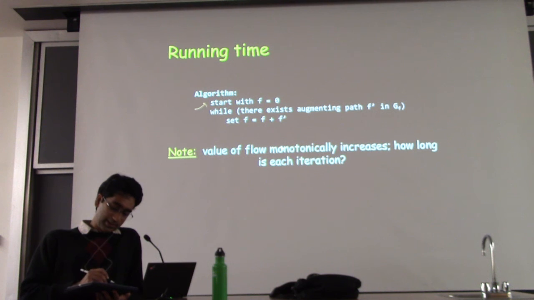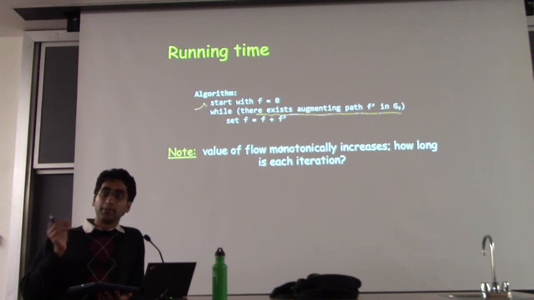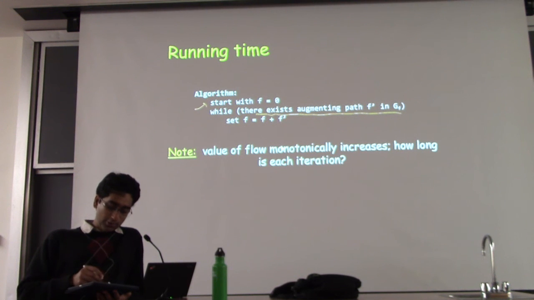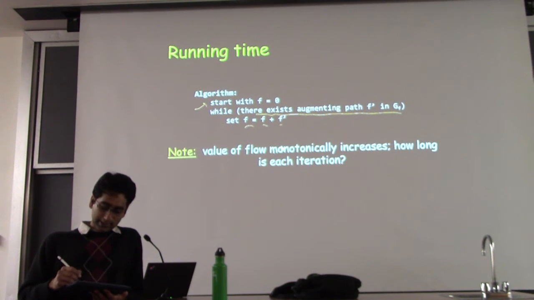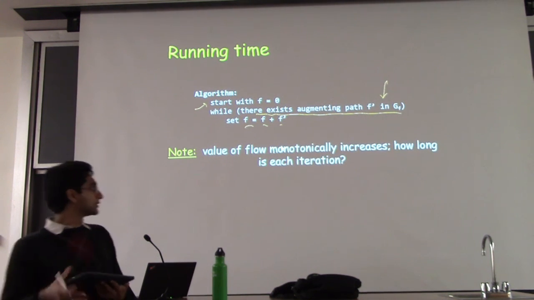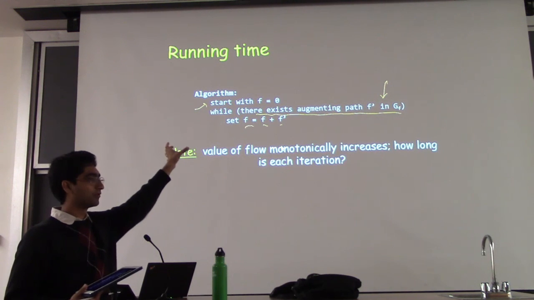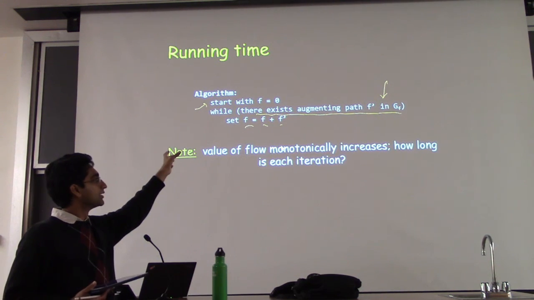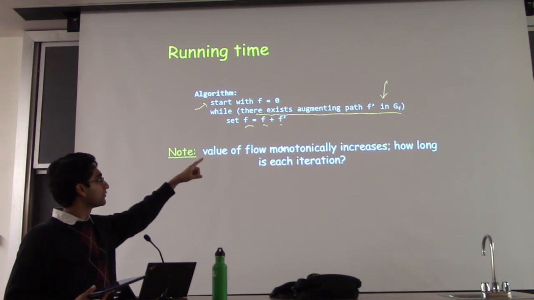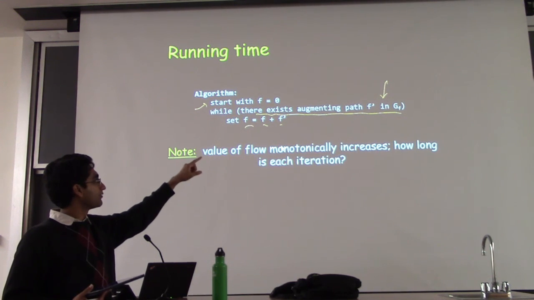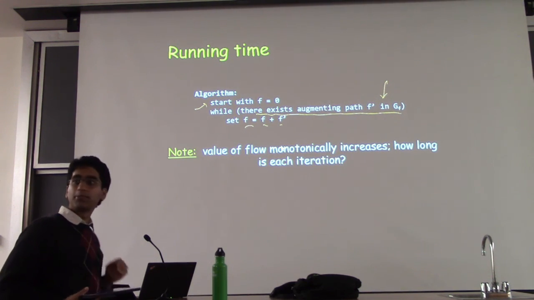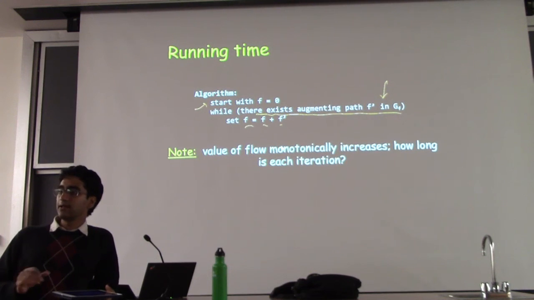You start with f, and while there exists an augmenting path f prime in G sub f, you find that path and then you set f equals f plus f prime. So this step is what we need to first analyze, and it essentially consists of computing G sub f and trying to find an augmenting path. How long does each of these take?